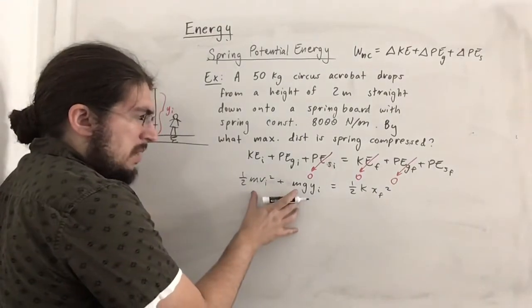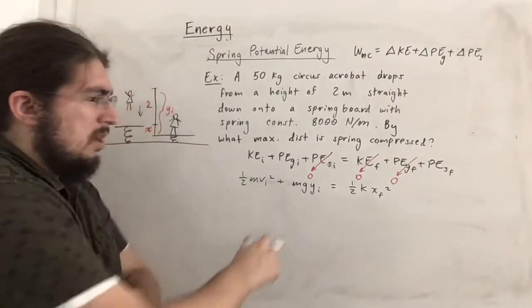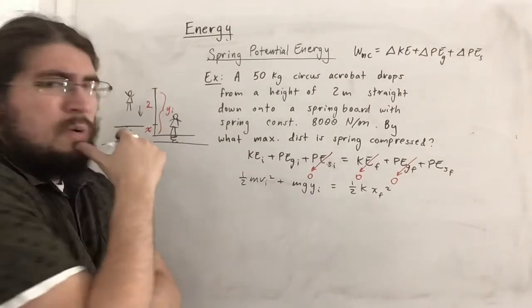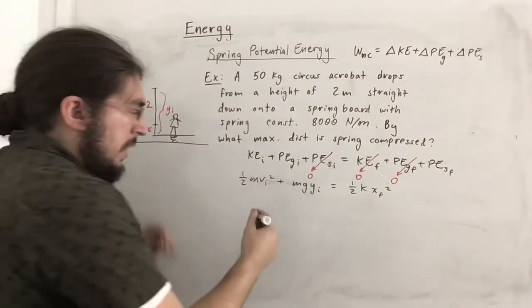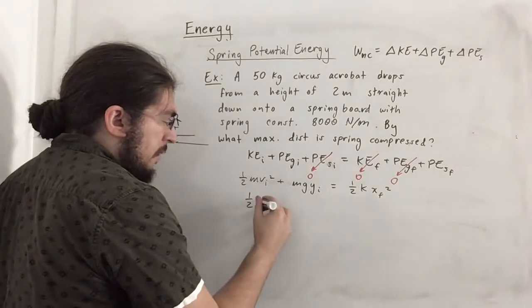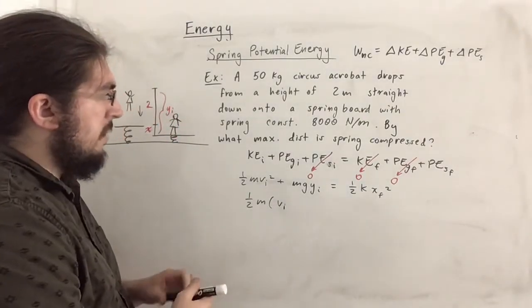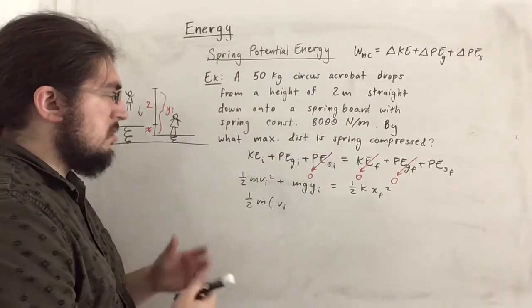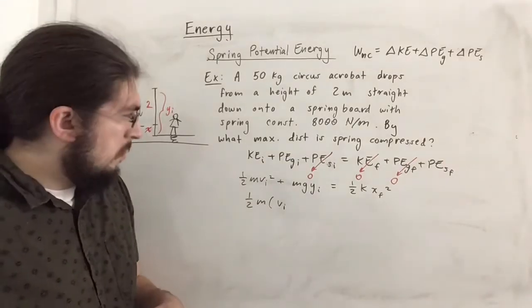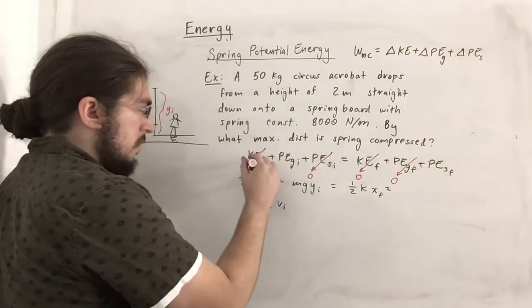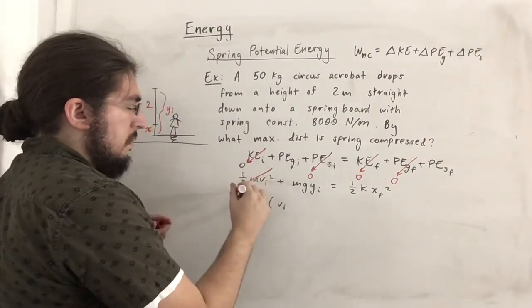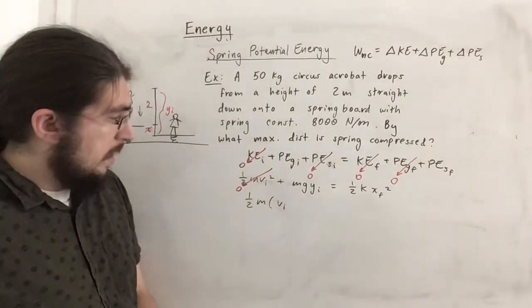In fact, I guess we can pull out m here if we want to solve for xf and then plug in, which I like to do. So let me factor out m, and then we have vi squared. By the way, her initial velocity is 0 because she's just dropping. So this is also one that goes to 0, which is nice. She starts with no initial velocity.